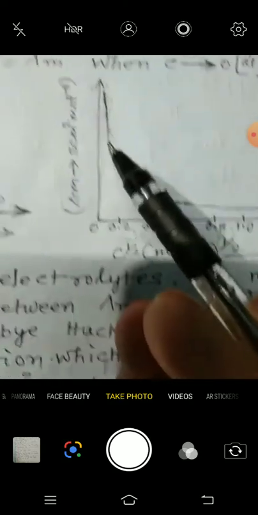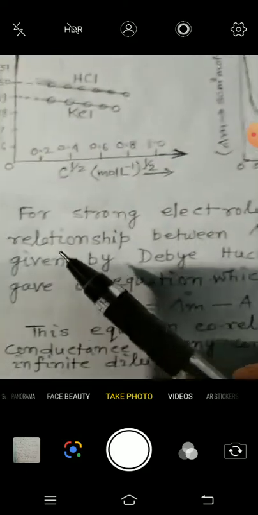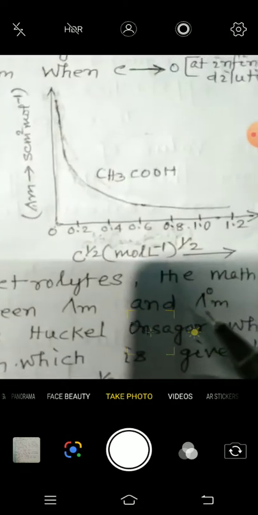So it is impossible to get the molar conductivity in the case of a weak electrolyte.